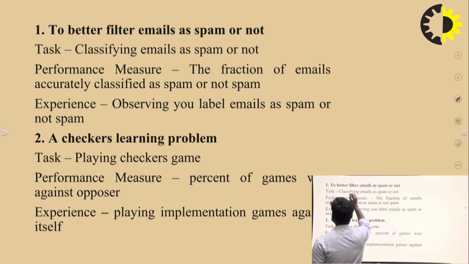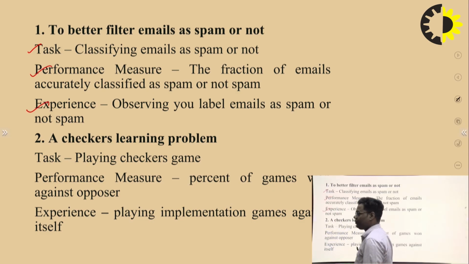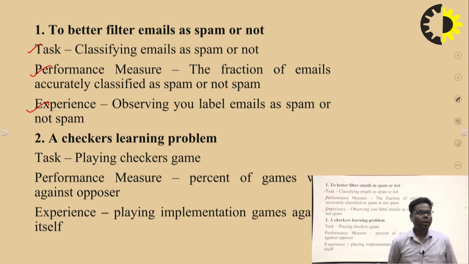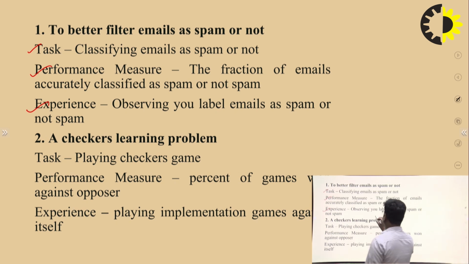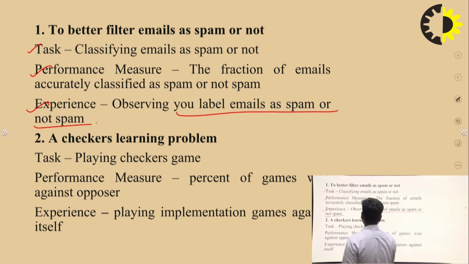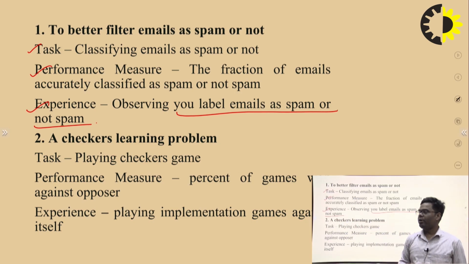In a well-defined problem, we have three traits: task, performance, and experience. For example, for filtering emails as spam or not, the task is to classify emails as spam or not spam, the performance measure is the fraction of emails accurately classified as spam or not spam, and the experience is observing you label emails as spam or not spam.